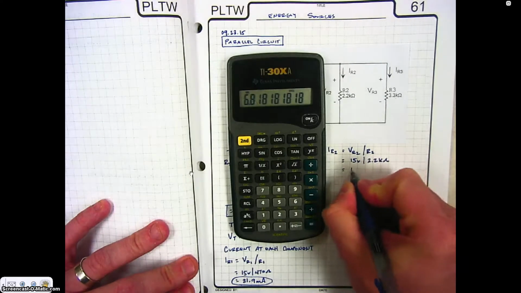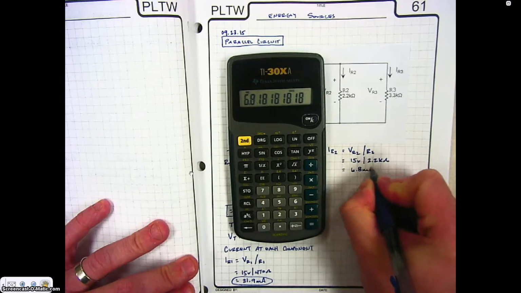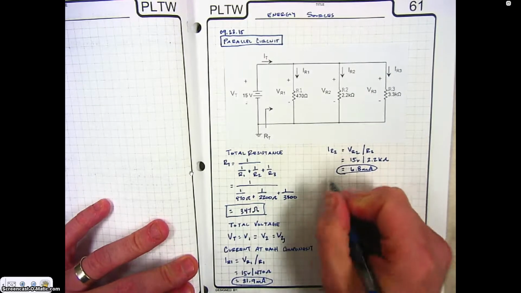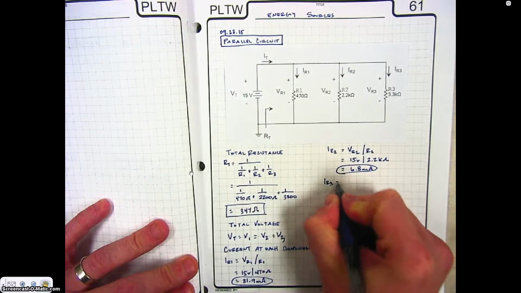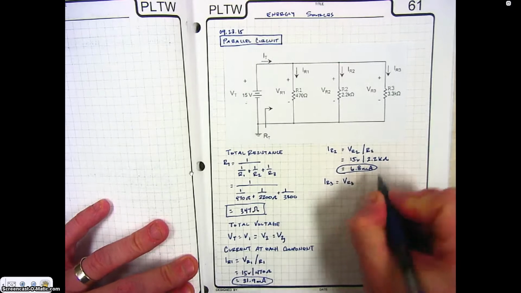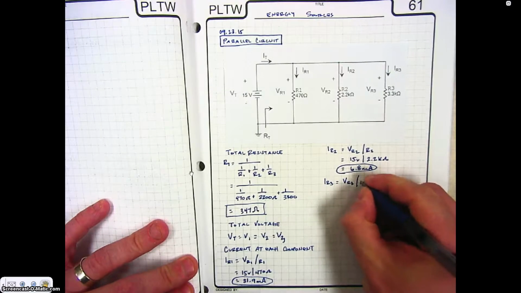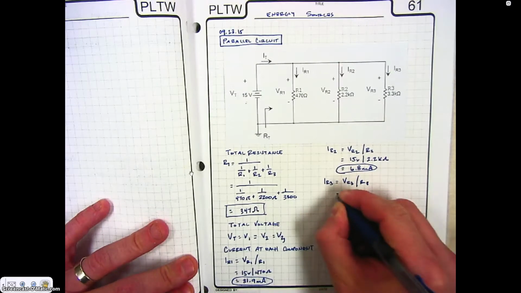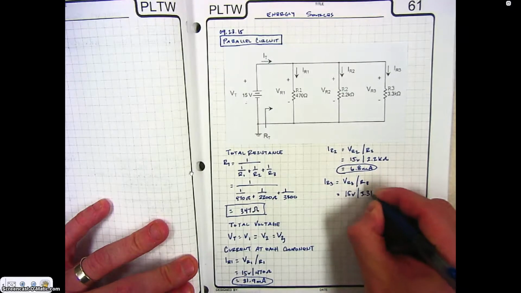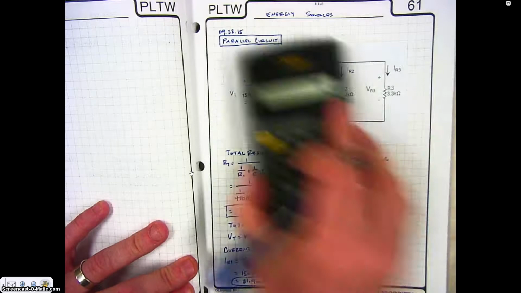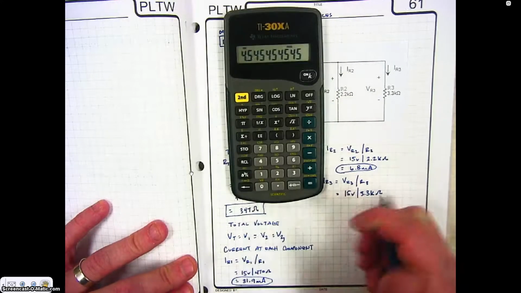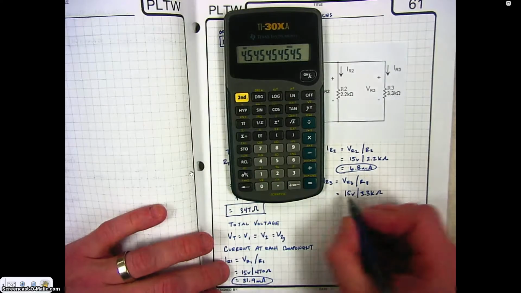So this is 6.8 milliamps. Last one, the current at resistor 3 is equal to the voltage at resistor 3 divided by the resistance of 3. The voltage is 15 volts. The resistance is 3.3 k ohms. 15 divided by 3.3 gives me 4.5 milliamps.